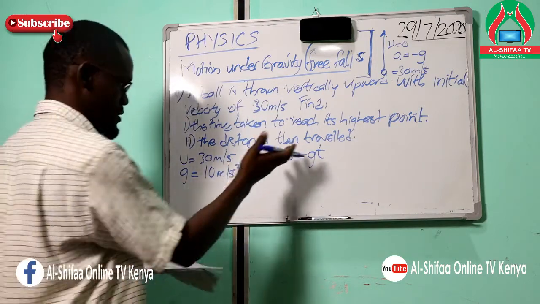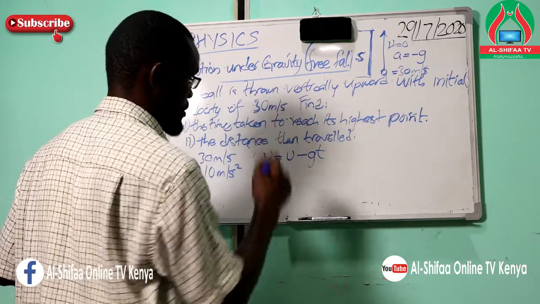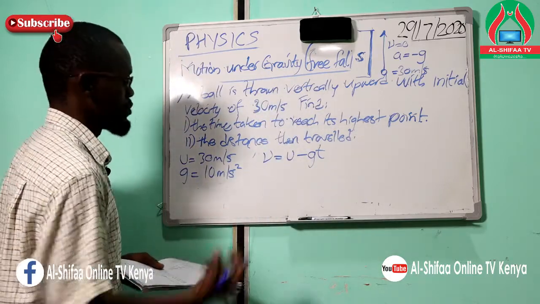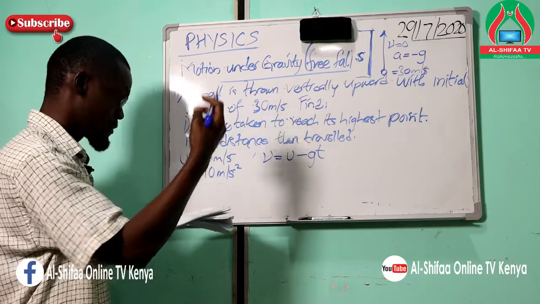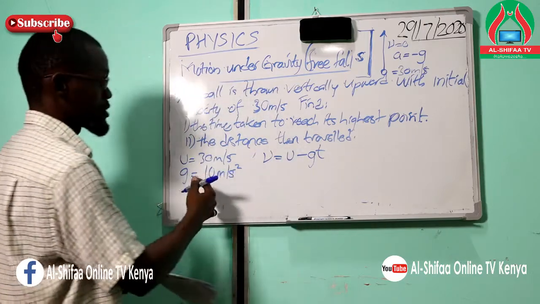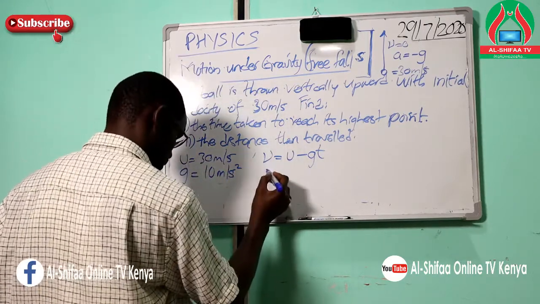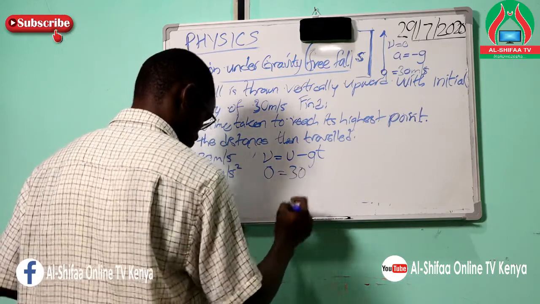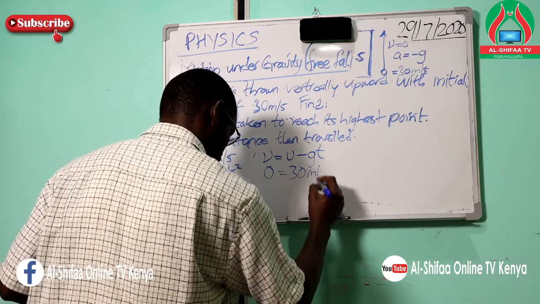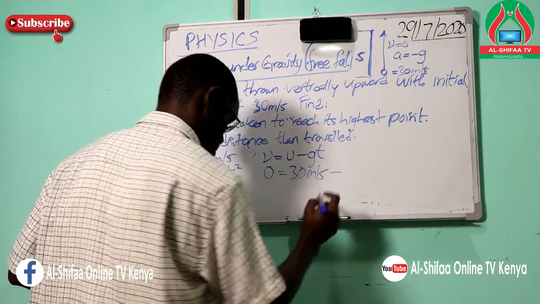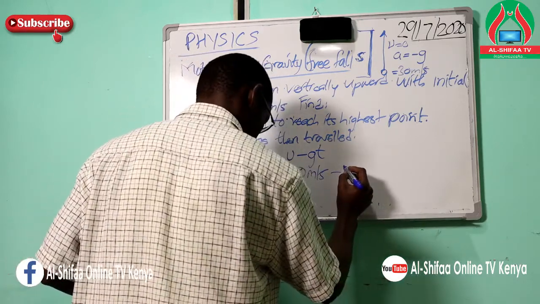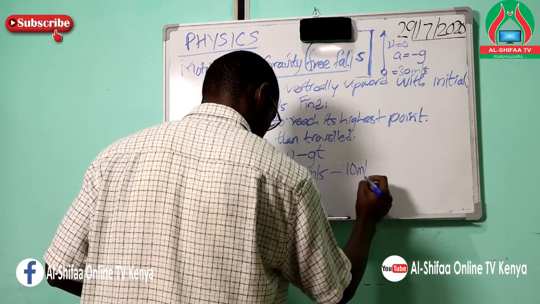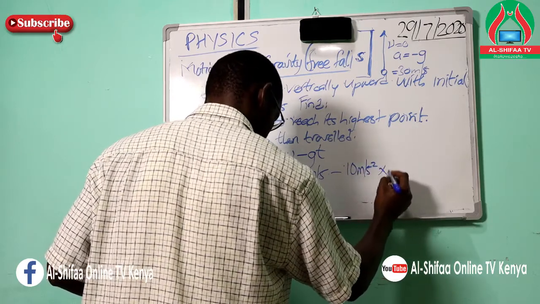Our equation has a negative sign because the object is moving against the gravity. By inserting the values, we find that our final velocity 0 is equal to 30 meters per second minus 10 meters per second squared times t.